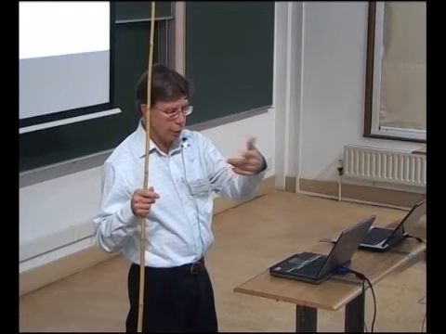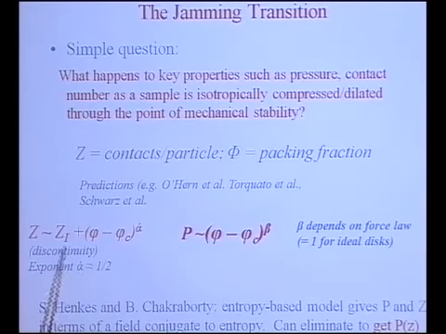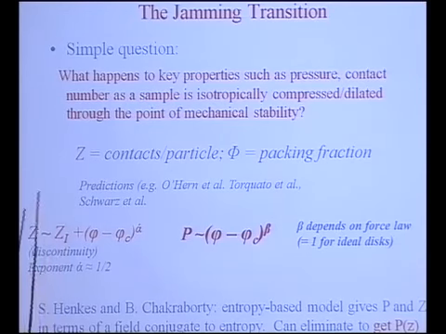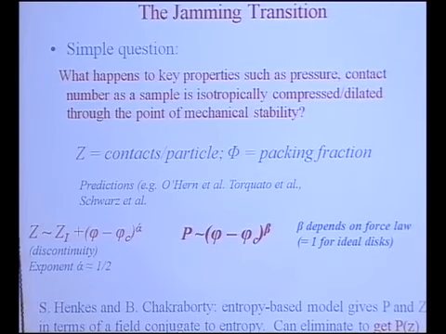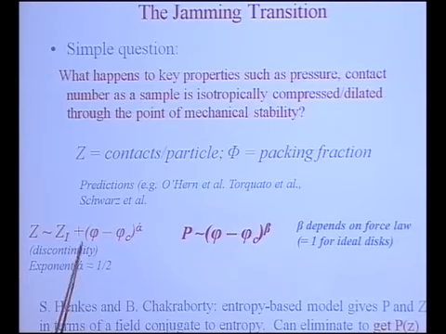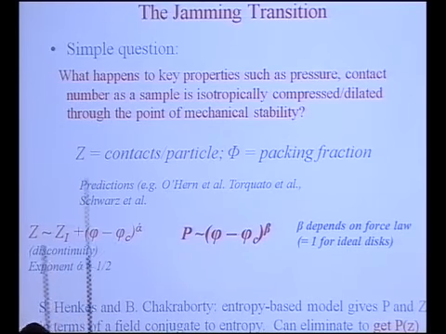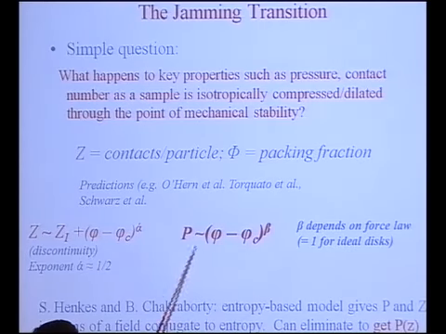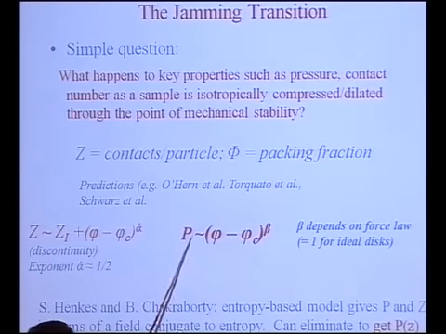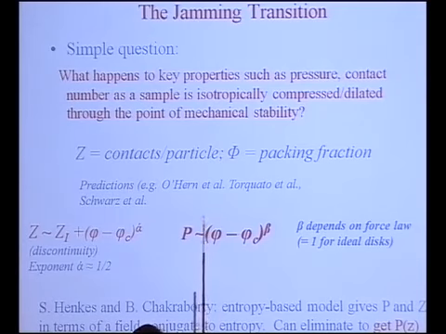The predictions are the following: as you go up in packing fraction phi, there will be a point at which the mean contact number will jump from 0 to a non-zero value, which depends on what it takes to produce a rigid state in your system. That's the number of contacts, which will be 3 in principle for frictional particles and 4 for slippery, frictionless particles in 2D. Then as you increase the packing fraction above that critical value, that Z will grow as a power law with an exponent of about half.